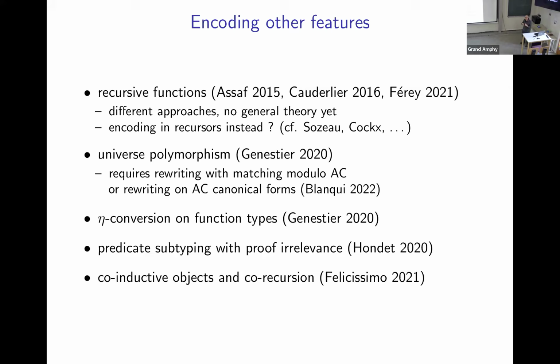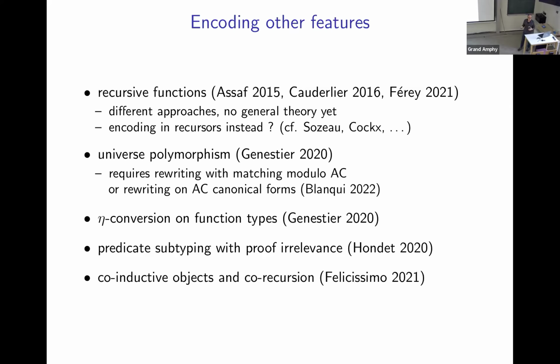But you can wonder which other kinds of features we can also add, because in usual proof assistants, you do not have only types, and you have many more things, like recursive functions, for instance. So how to represent recursive functions in lambda pi?